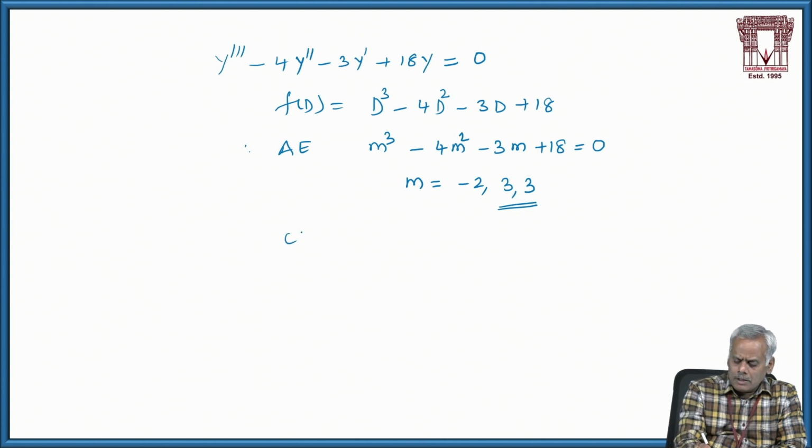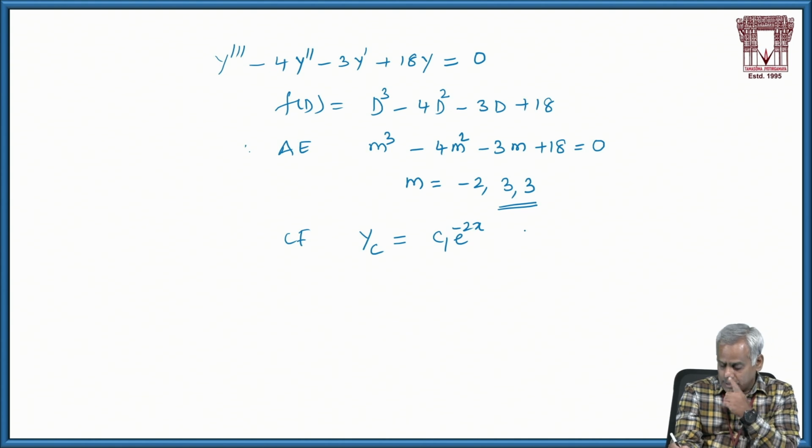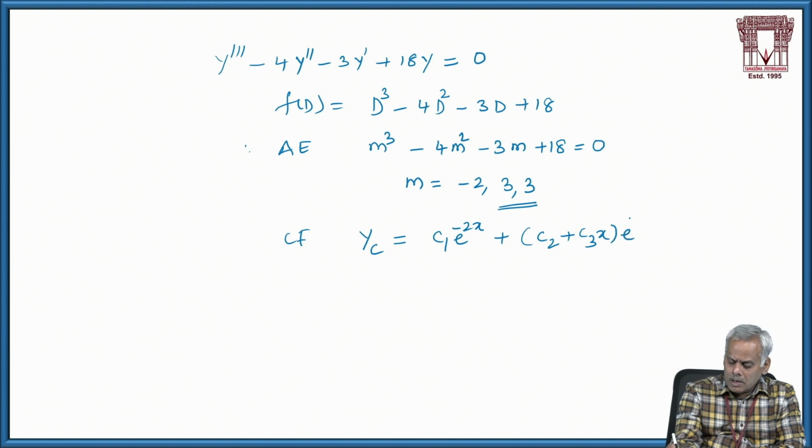Therefore, the complementary function is written as y suffix c is equal to c1 e power minus 2x, that is with respect to this minus 2, and with respect to this repeated root which is repeated twice, the part of the complementary function is (c2 plus c3x) e power 3x.